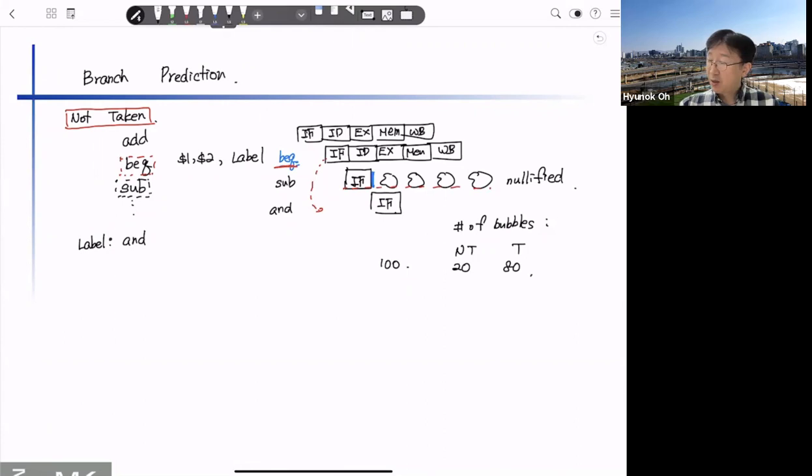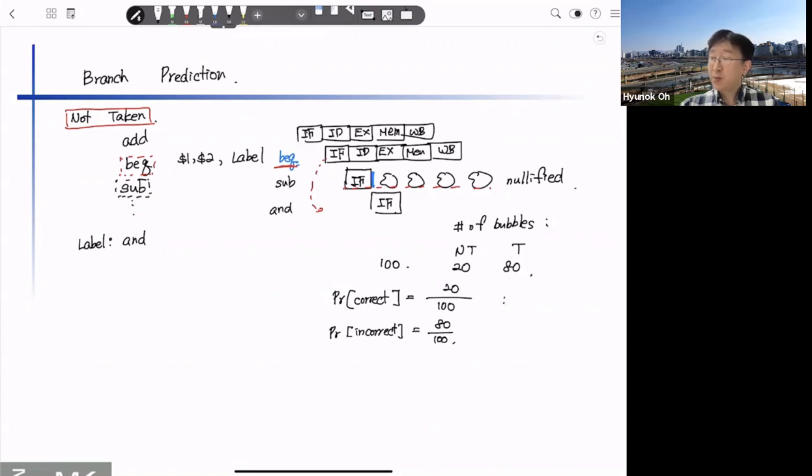So what is the probability that our prediction is correct? Among 100 cases, only 20% is correct because we are assuming not taken. How many cases are incorrect? 80% is incorrect.